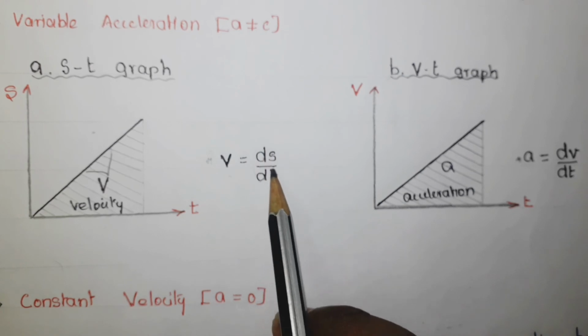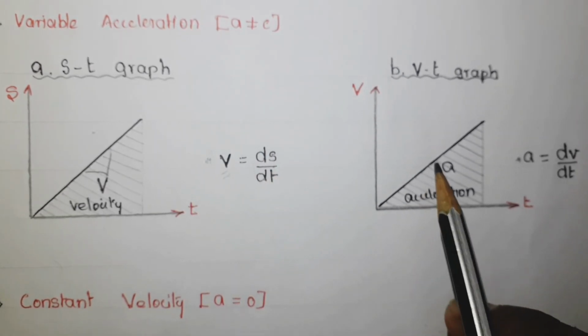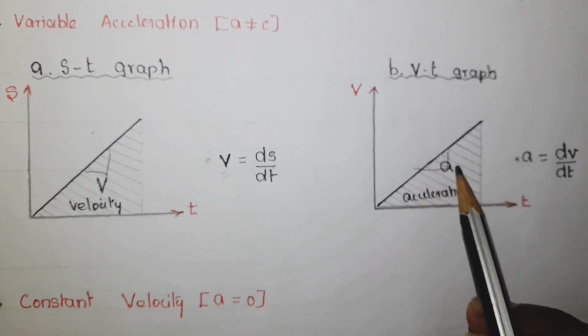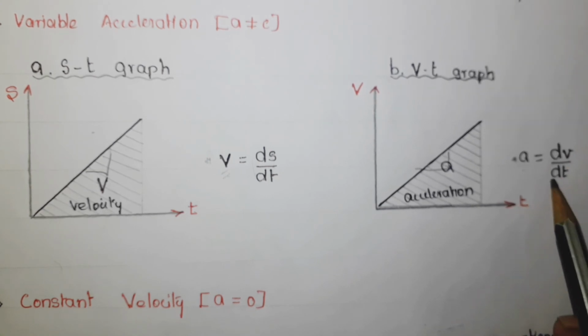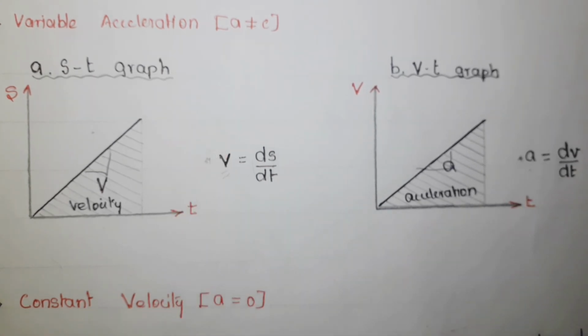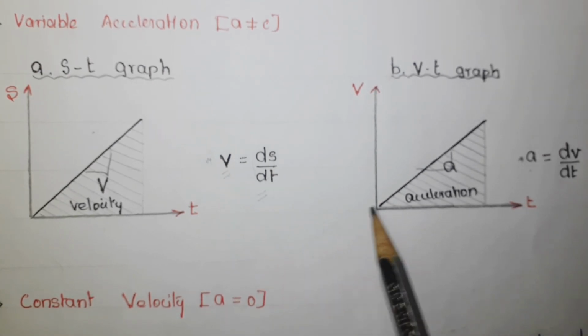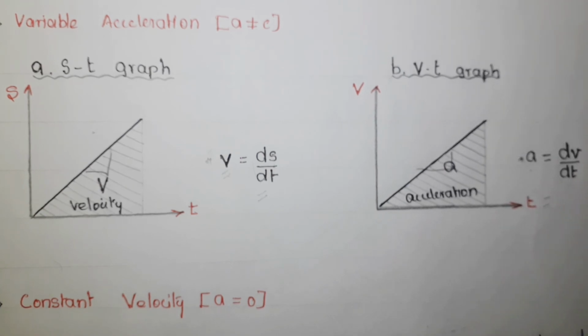So this slope represents the velocity. Similarly, the slope in the v-t graph represents the acceleration, a equal to dv by dt. So in the case of variable acceleration, there are two formulas: v equal to ds by dt, and a equal to dv by dt.